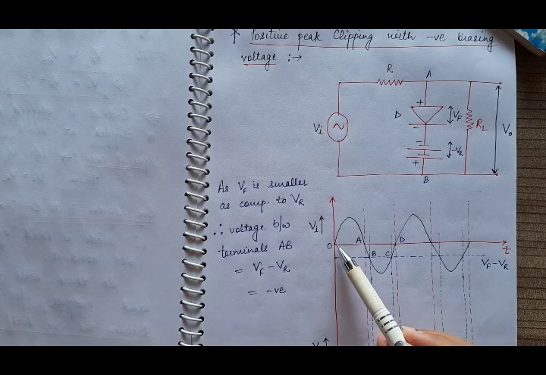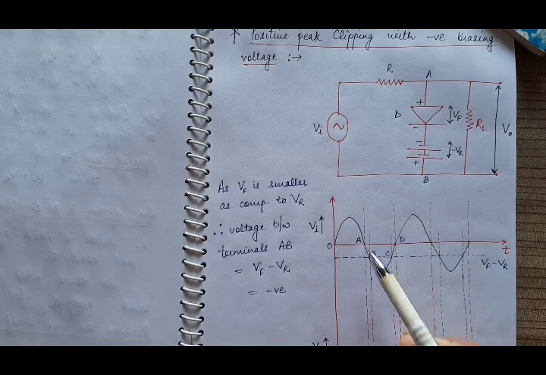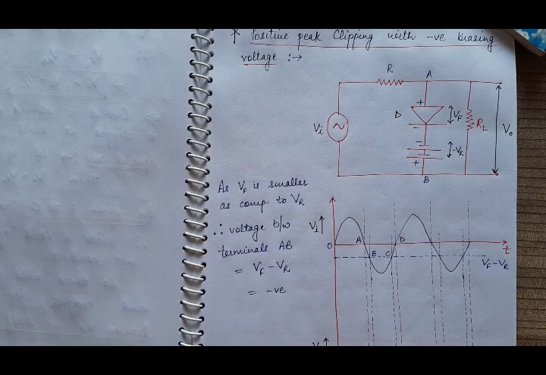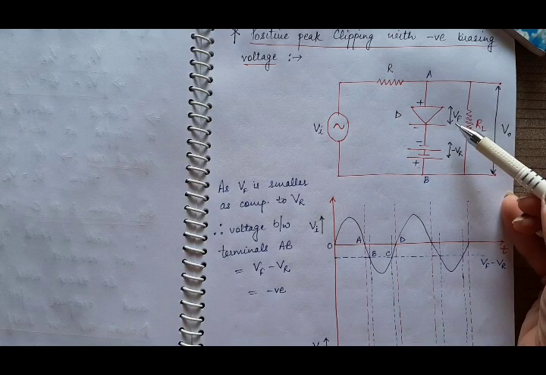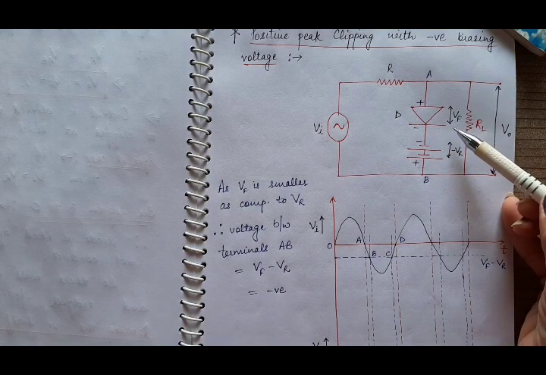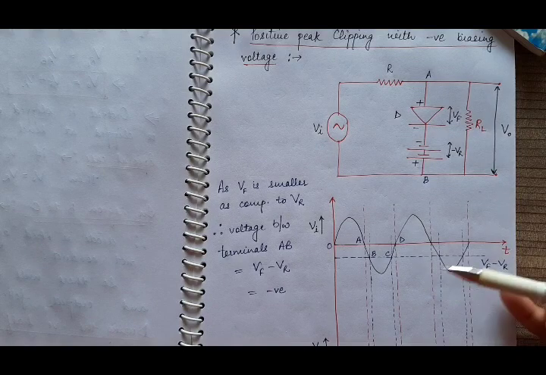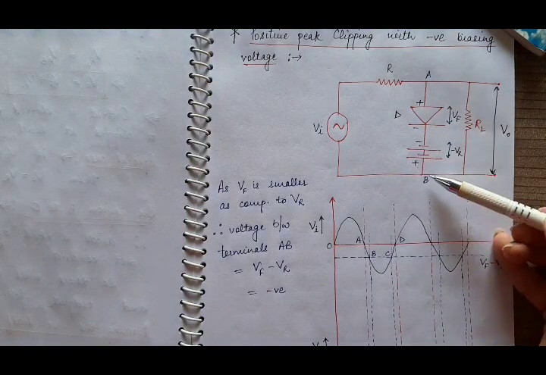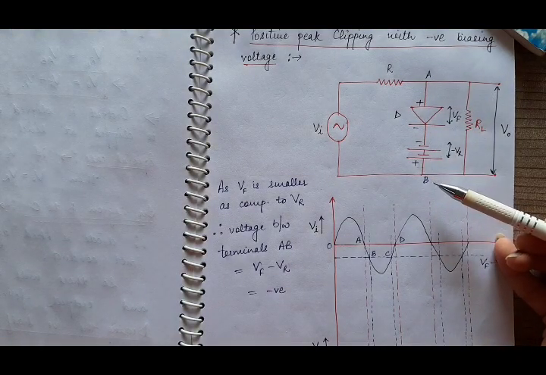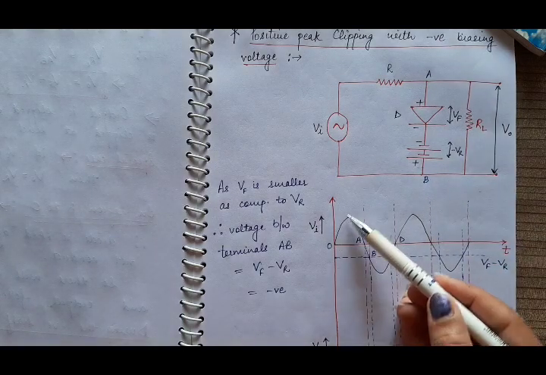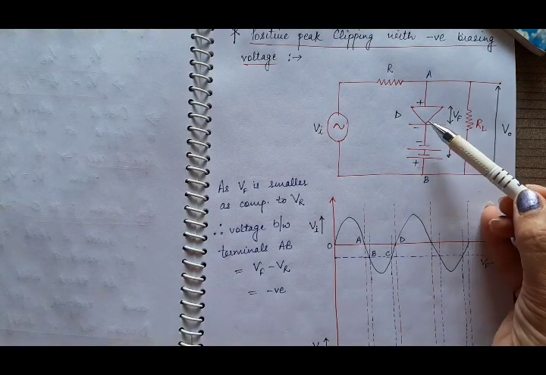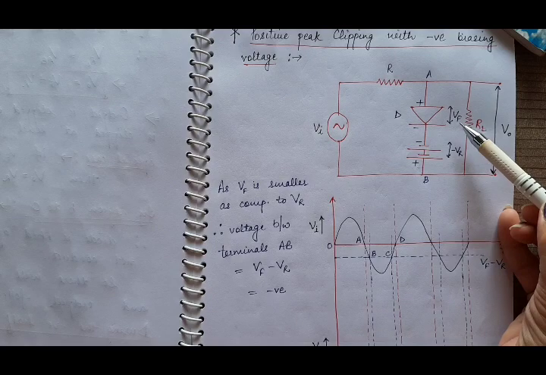So the diode will conduct and allow current to flow through terminal AB. And during this whole positive half cycle, the voltage across the diode will be VF.